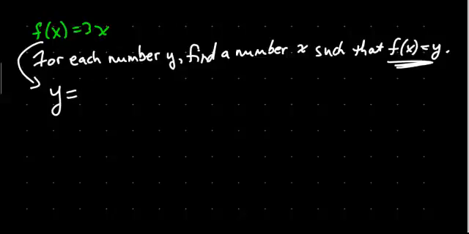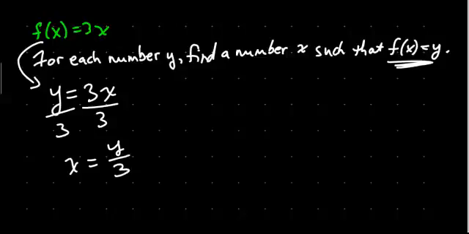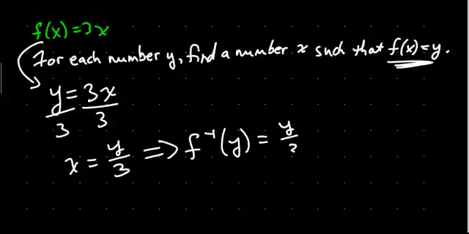So y equals 3x. And now we solve for x, divide both sides by 3, and we get that x equals y over 3. And in the future, as you see in your reading, that's going to imply that f inverse of y equals y over 3.